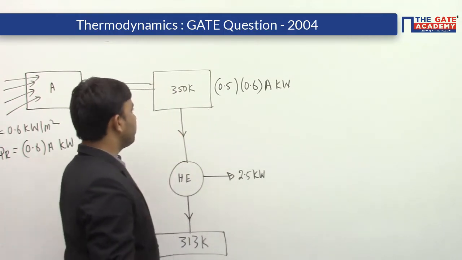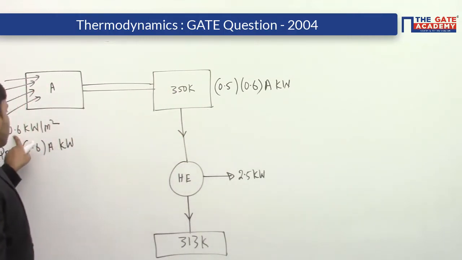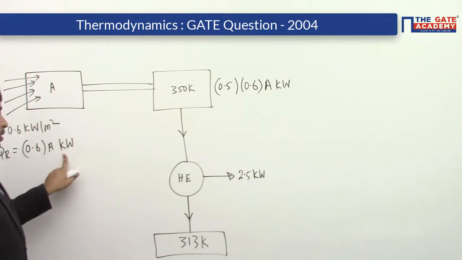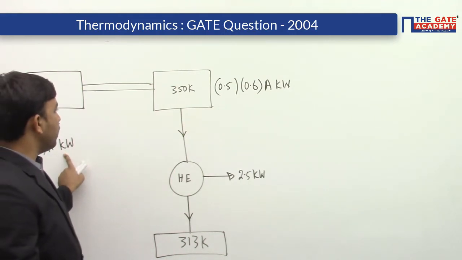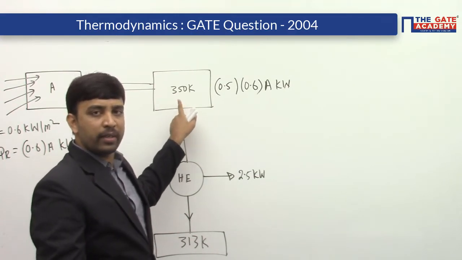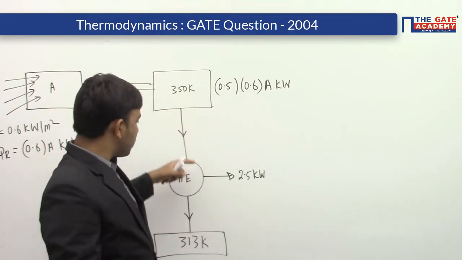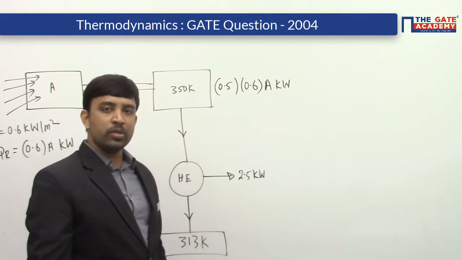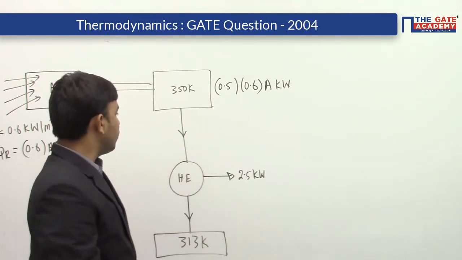This is the energy received by the solar collector per unit area. If A is the surface area of the solar collector, this is the total energy received, and it is transferred to a fluid, used for heating the fluid. From the fluid it is supplied to a heat engine which rejects heat to 313 Kelvin and produces 2.5 kilowatt of power.